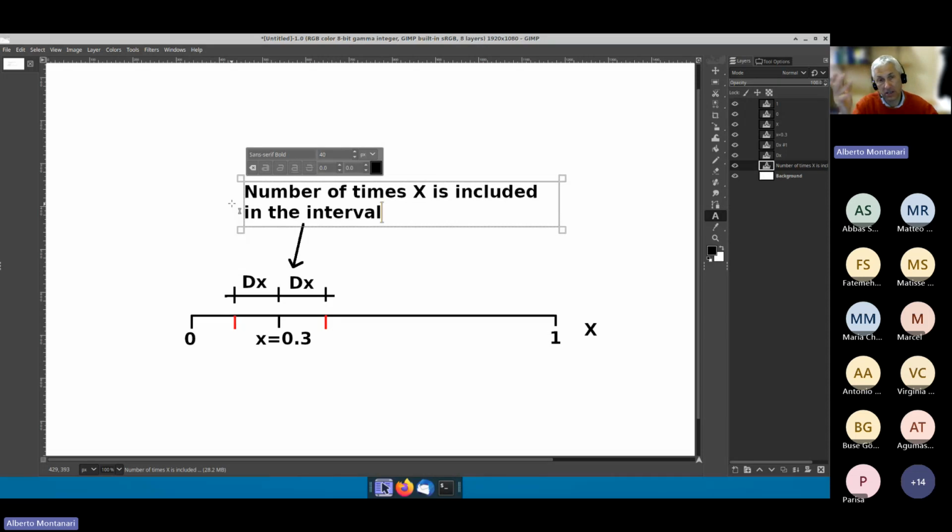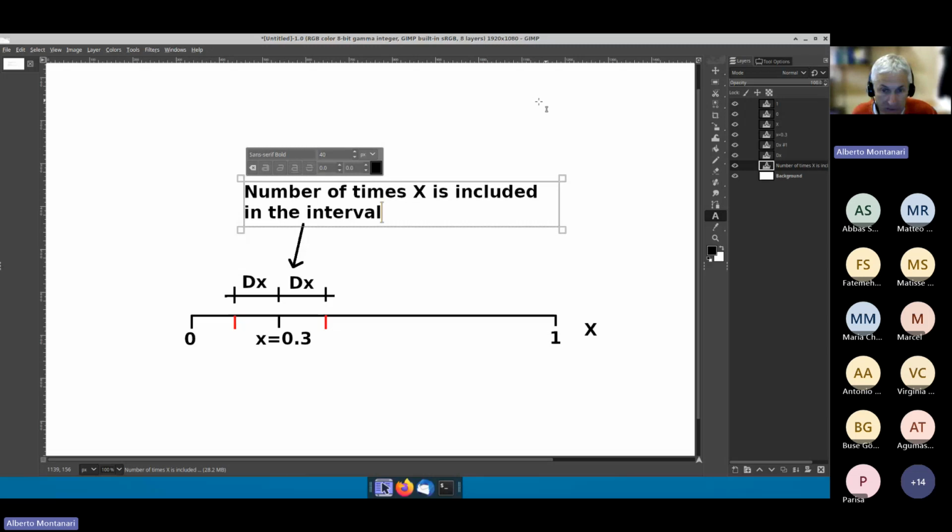This is an idea. Given that I cannot get the precise outcome lowercase x equal to 0.3, I fix an interval and then I count the number of times the random variable falls into the interval. And of course, where you have a higher probability, you will get more counts.